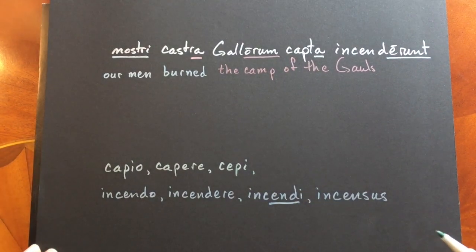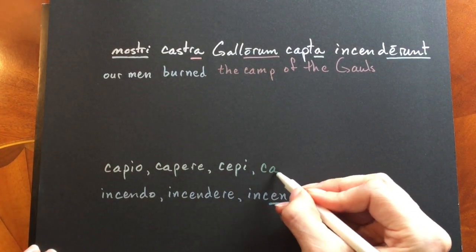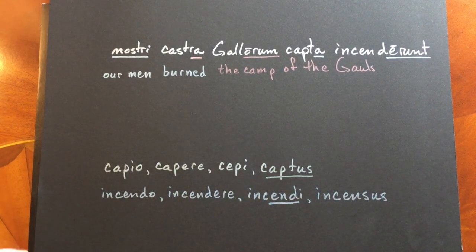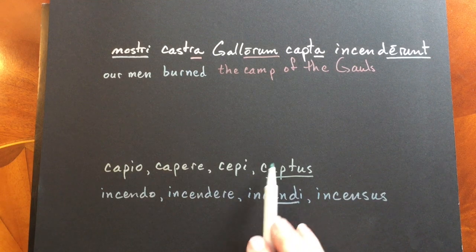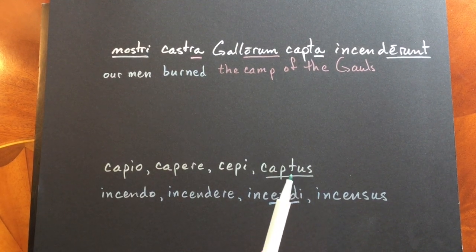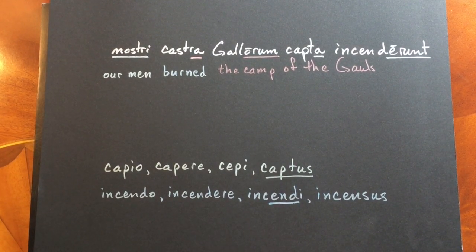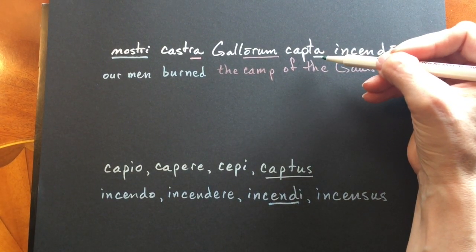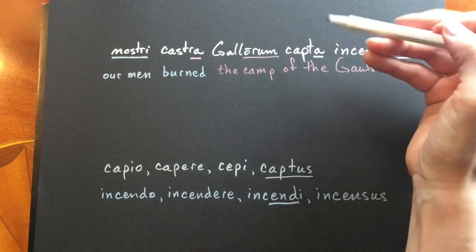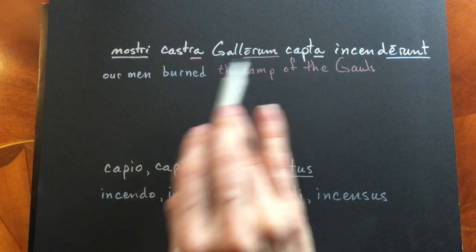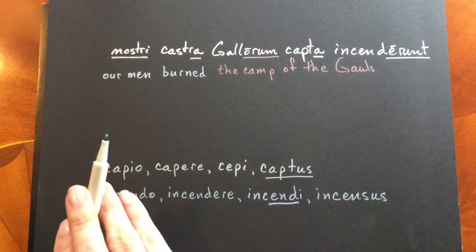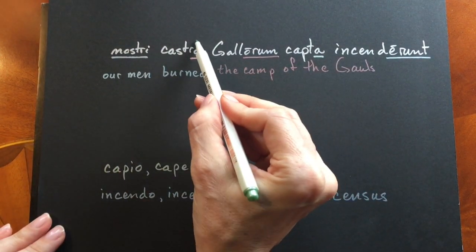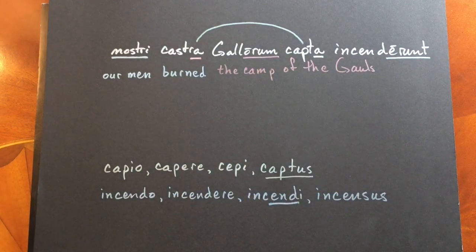Cepi in perfect and our participle, captus. That is our passive participle verb stem. The ending, which is from the us, matches with castra, neuter, accusative, plural. So this is describing the camp.